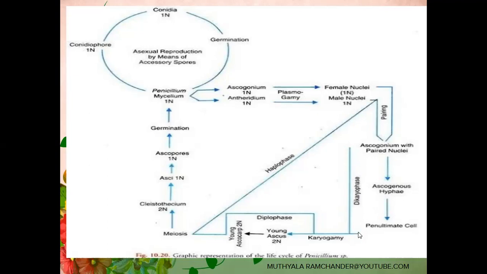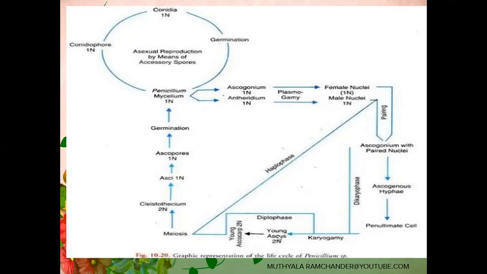After plasmogamy, binucleated cells develop into ascus mother cells. The ascus mother cells participate in karyogamy and develop into the diplophase, meaning a diploid zygote is formed in the ascus mother cell.